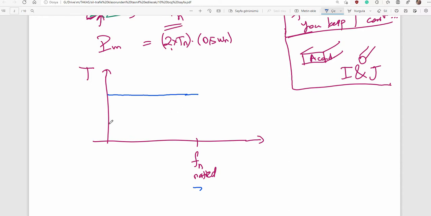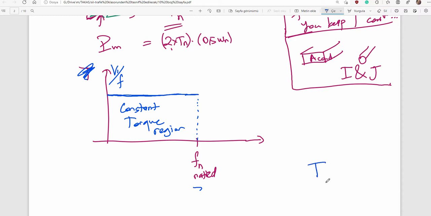We keep voltage over frequency ratio, excuse me, here's voltage over frequency ratio, we keep it constant till rated frequency. During that region, machine produces constant torque. Constant torque region.